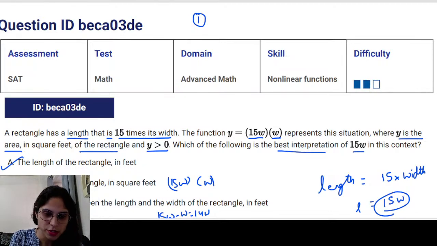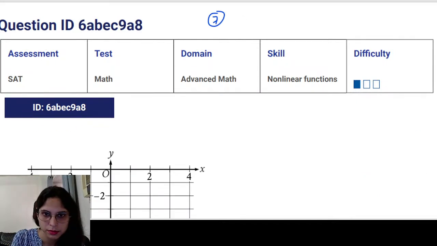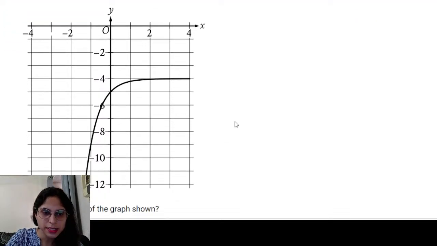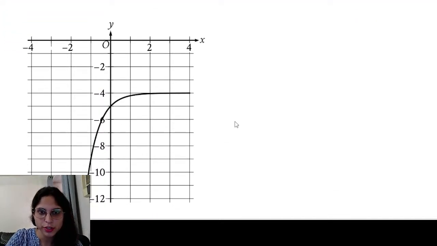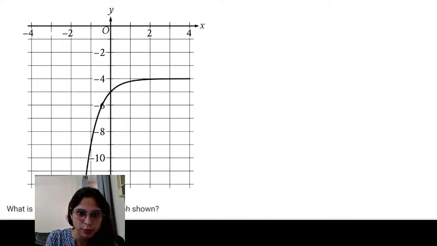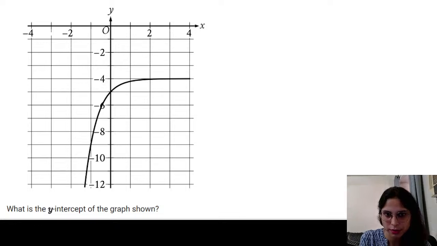So the first easy question is going to be question number 7. When you see these kinds of graphs in exponential functions, they are only going to be talking about the y-intercept and the asymptote. So I will write over here.